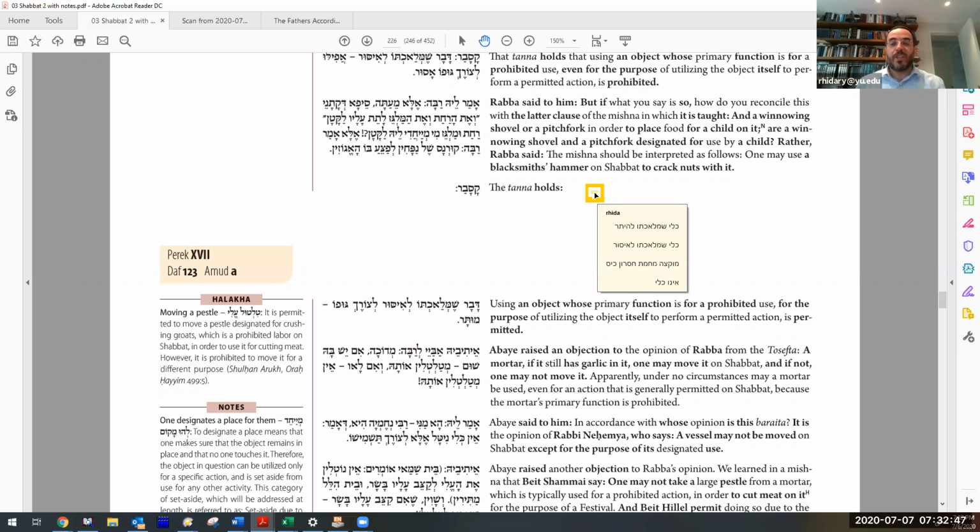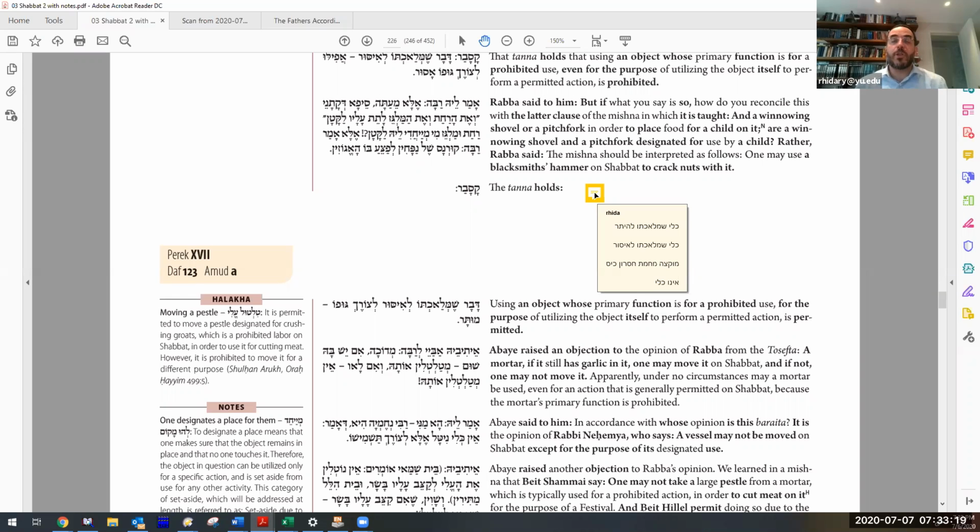That's permitted. Now let's say I want to use a key for a different use, like to undo a lid of a jar. Is that allowed? Almost everybody says yes. Once you're allowed to use it, you're allowed to use it.